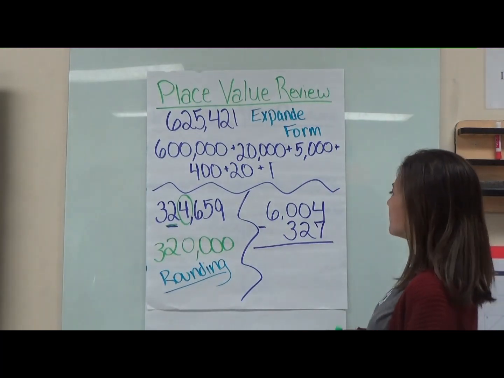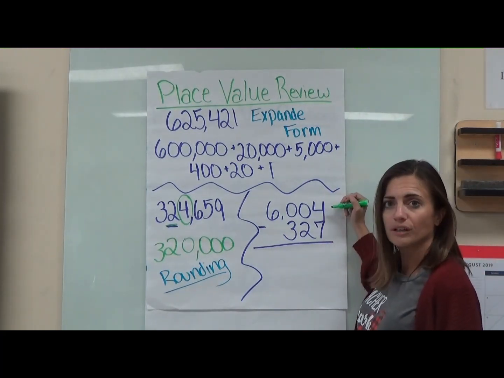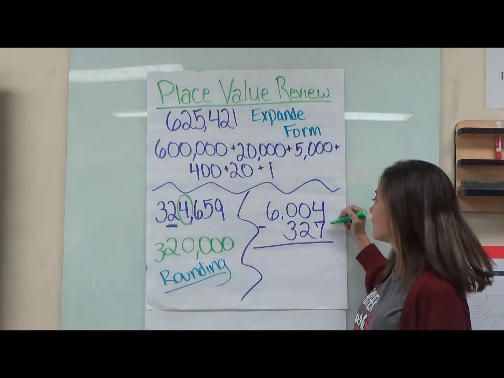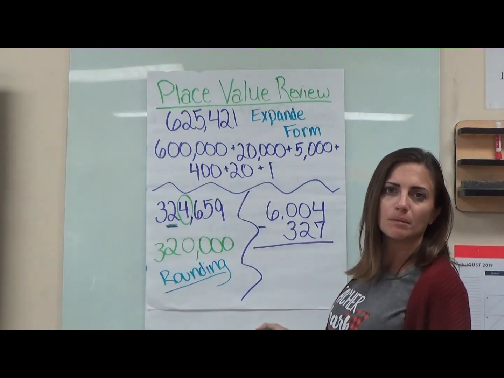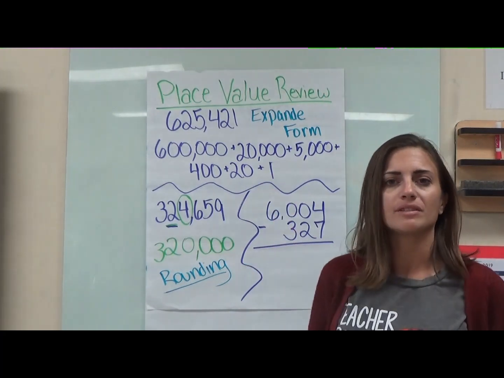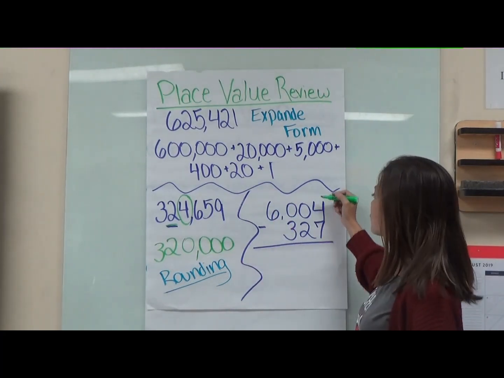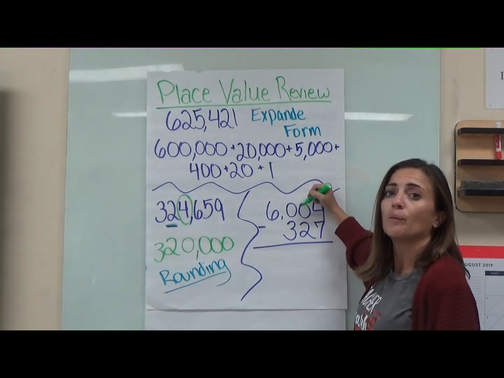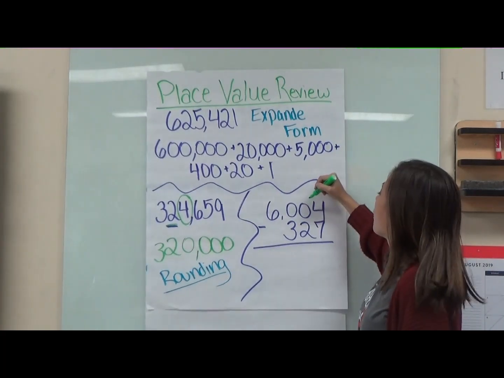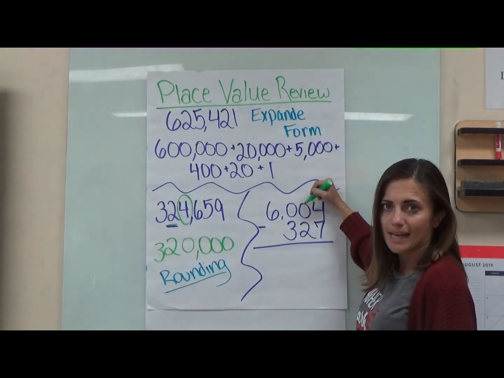When I look at the 1s, I see the 4 is smaller than the 7. Now that means I can't take it away. If I had $4 and you came and asked me to borrow 7, I wouldn't have enough to give you. So then I have to go next door. We go to our next place value and we borrow one of the 10s from my 10s spot.